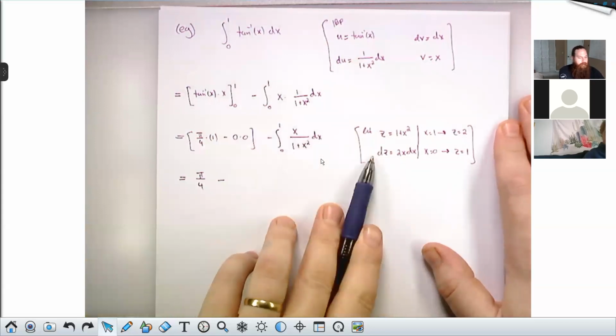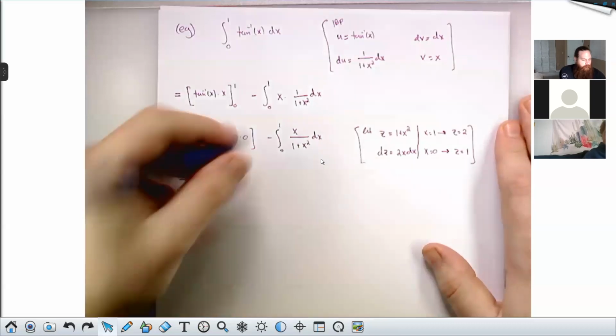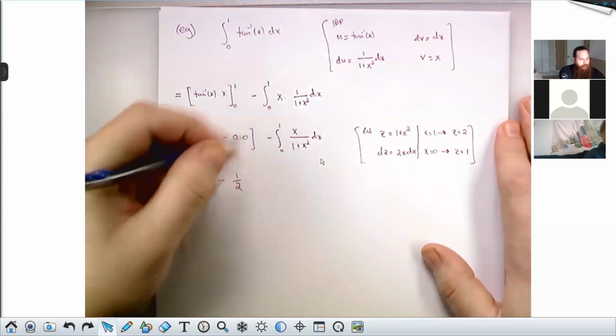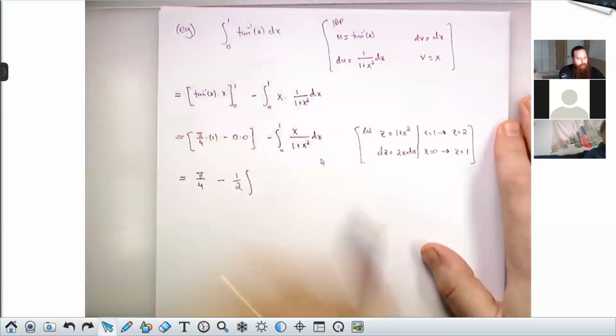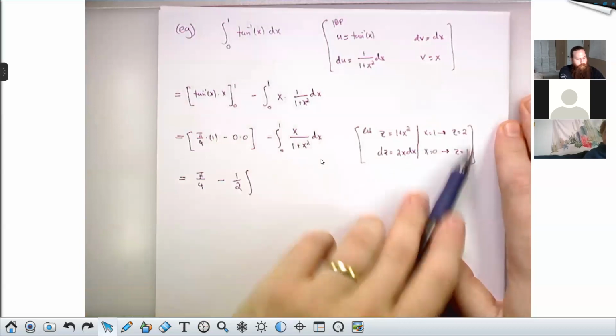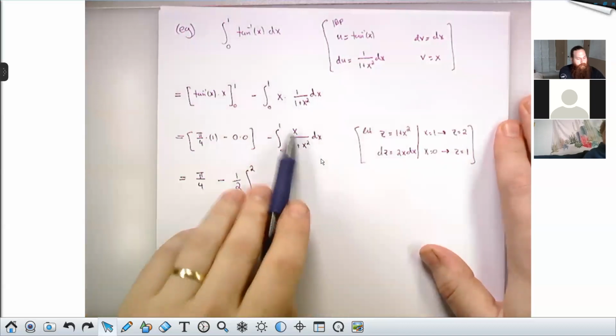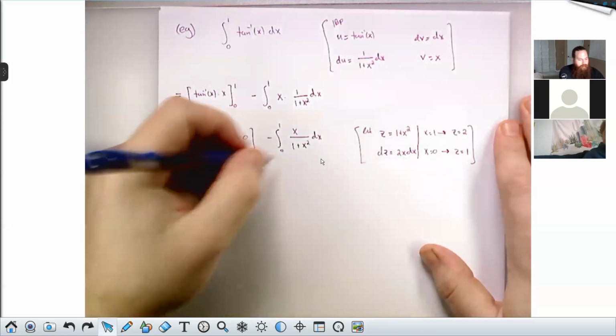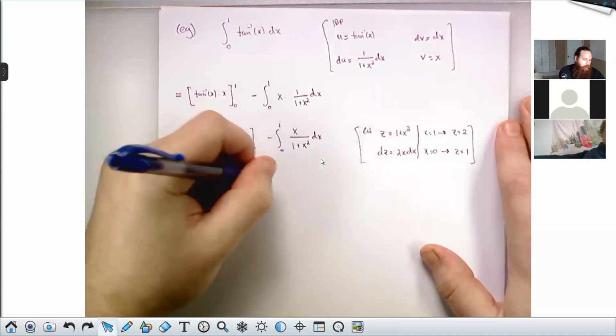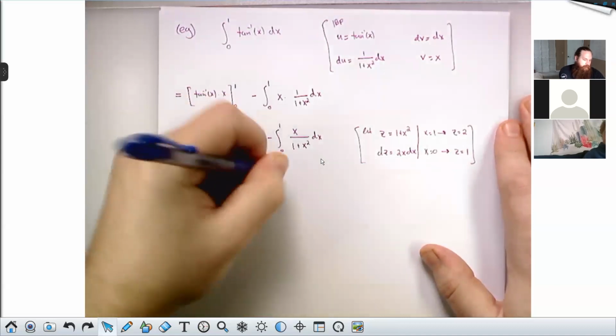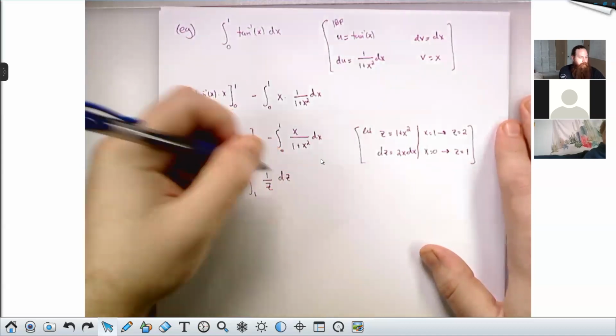So 1/2 dz is equal to x dx. So I'll have a 1/2 pop out. My integral, which used to run from 0 to 1, now runs from 1 to 2. And what's left? The x dx has been soaked up by dz. So this will just be 1 over z times dz.